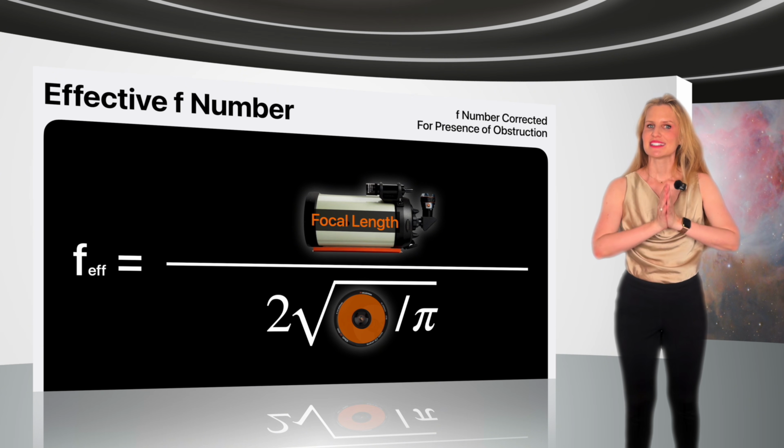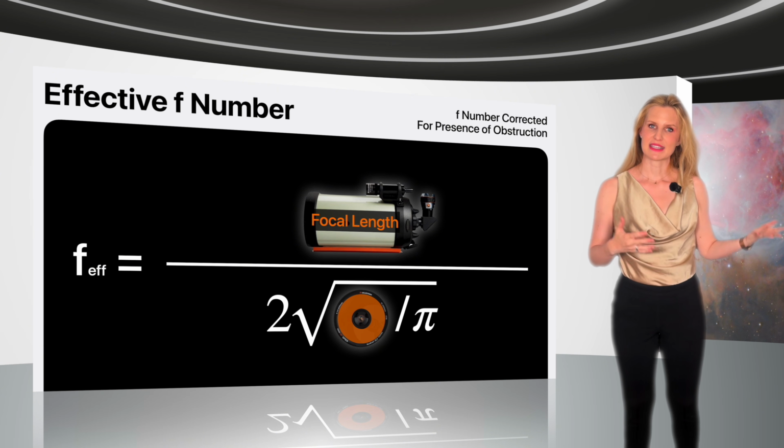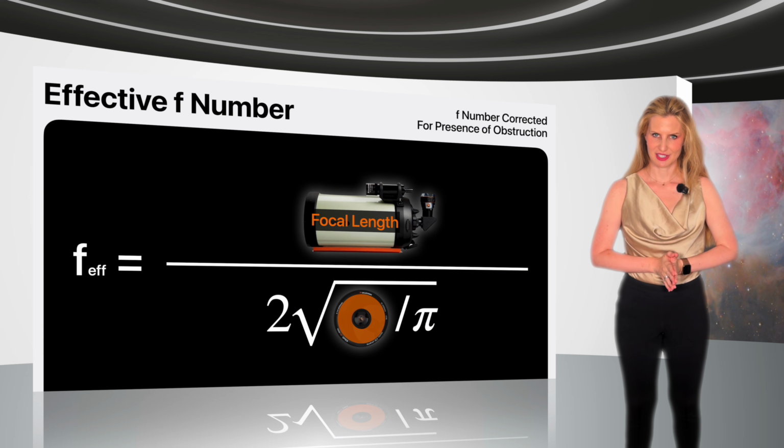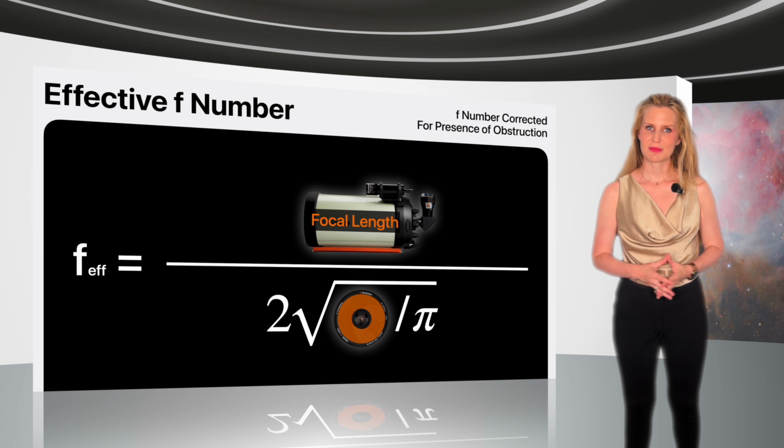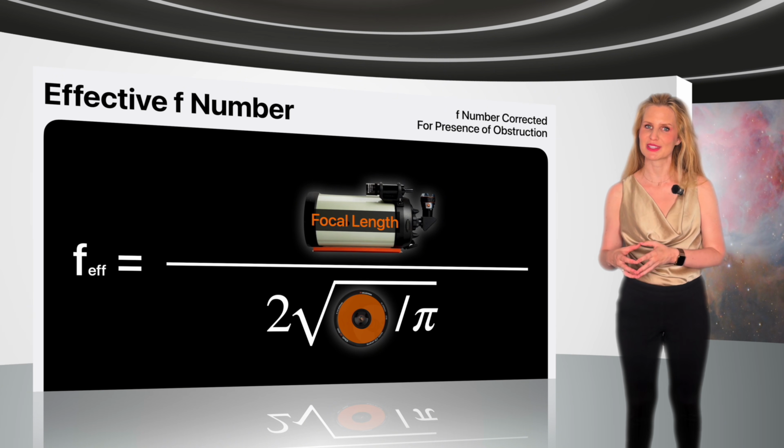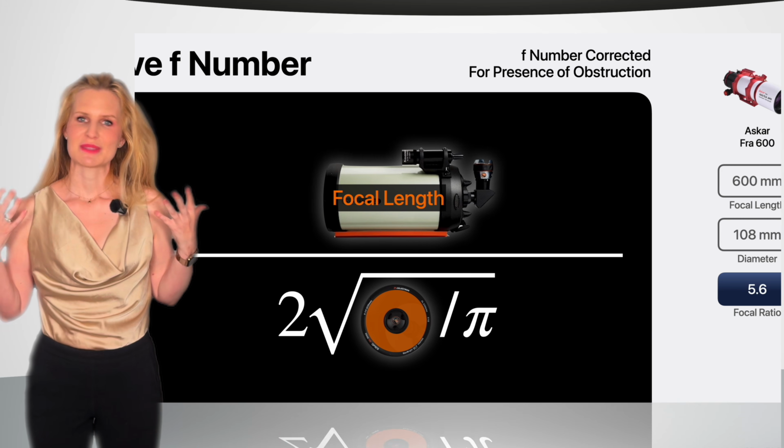That is the total aperture minus the area blocked by the obstruction. In short, the effective f-number reflects the true efficiency of a telescope by factoring in the loss of light due to obstructions. But what does this mean in practice?